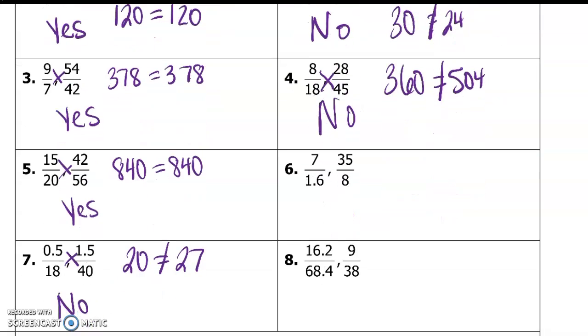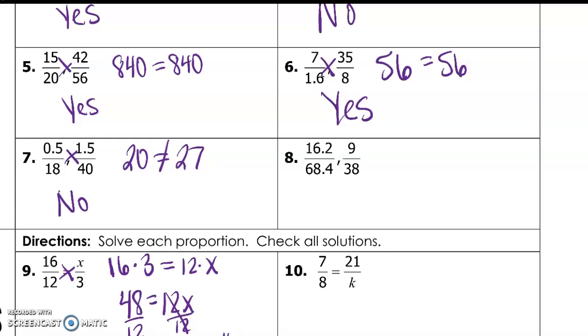Number 6, 7 times 8 is 56. Does that equal 1.6 times 35, which is also 56? So that is a yes. Those two do equal each other. And number 8, 16.2 times 38 gives me 615.6.